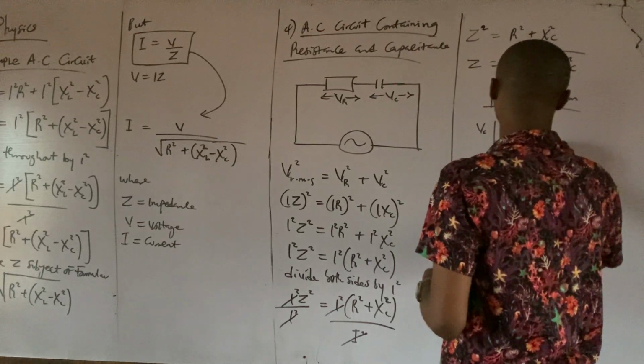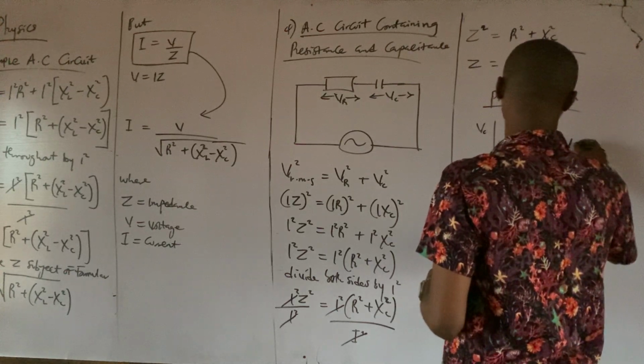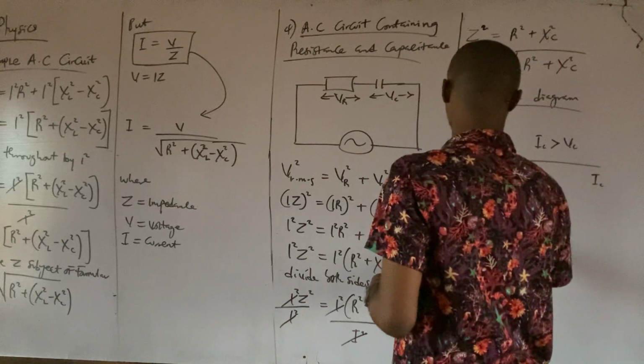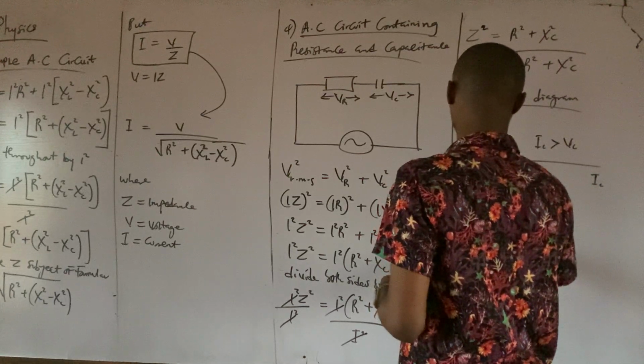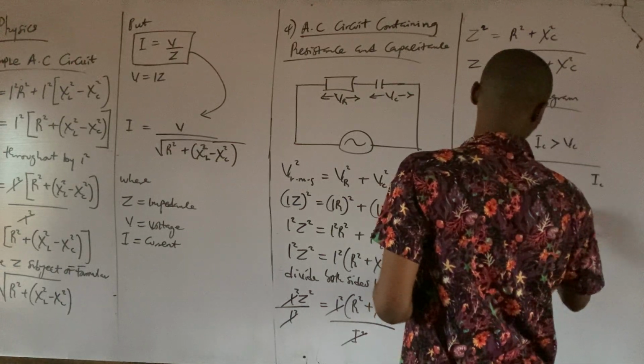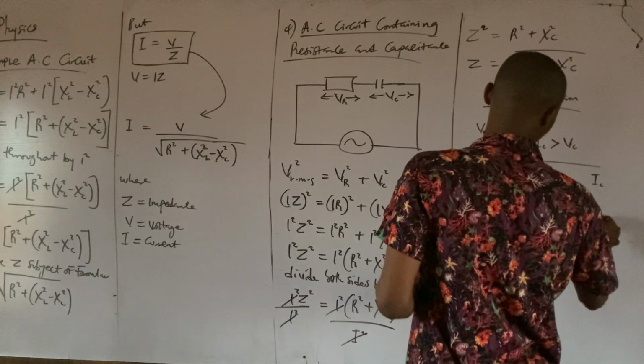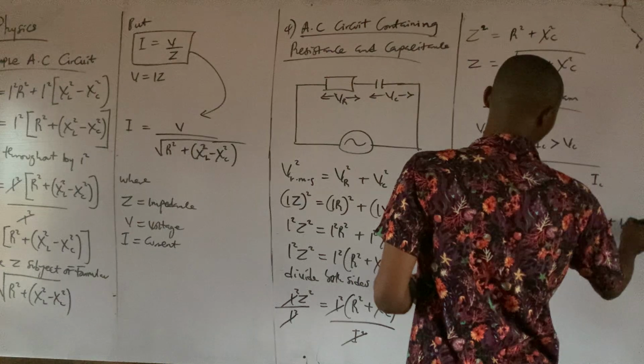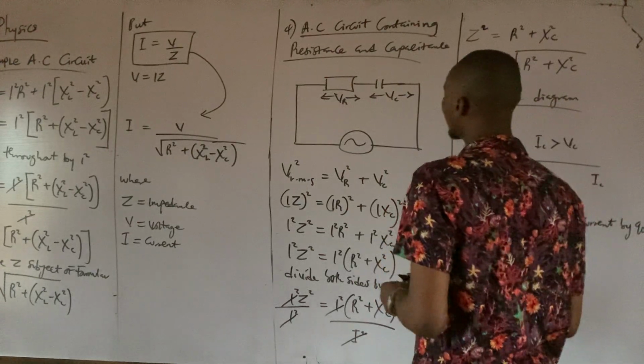So we can say that IC is greater than VC. That is to say that voltage lags behind current by 90 degrees.